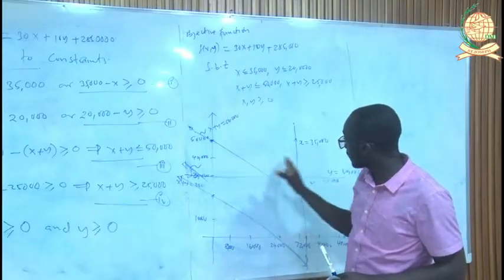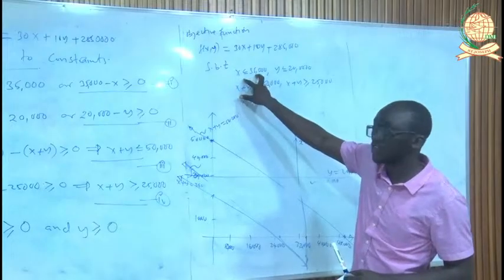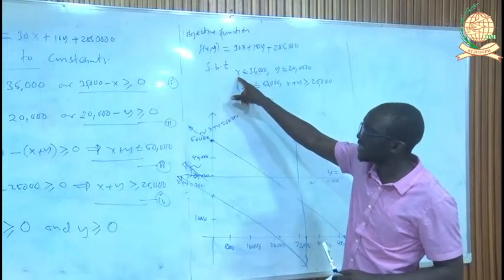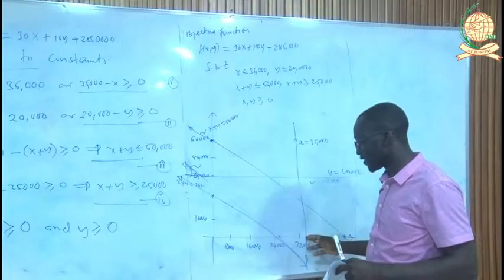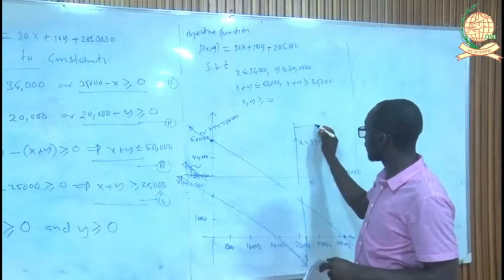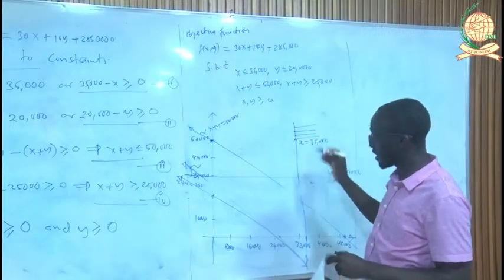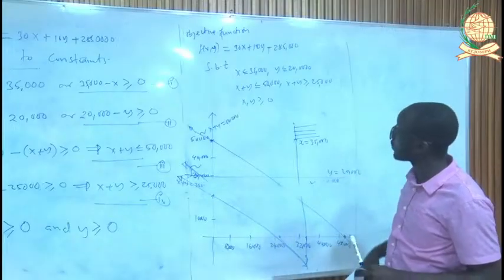The left one has values less than 35, so it satisfies the requirement. All values of x to the left satisfy this inequality. So we shade the unrequired region, which is the right-hand side. Just do a little shading because you don't know what other lines could bring.